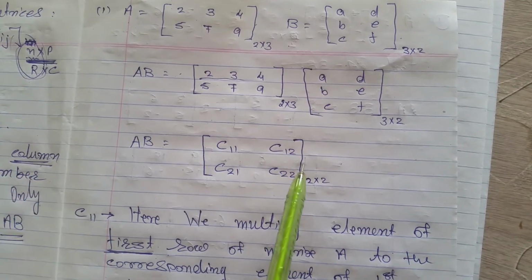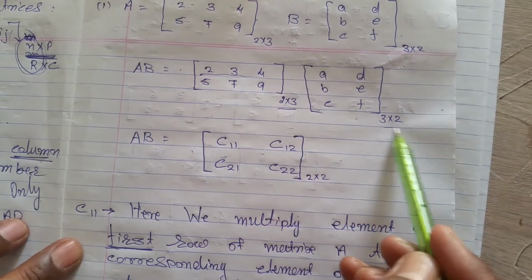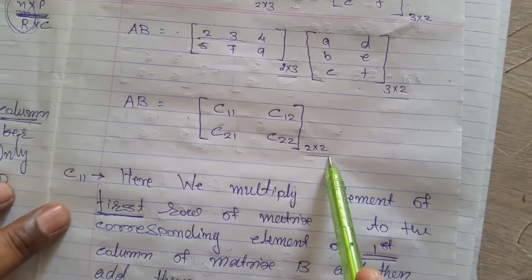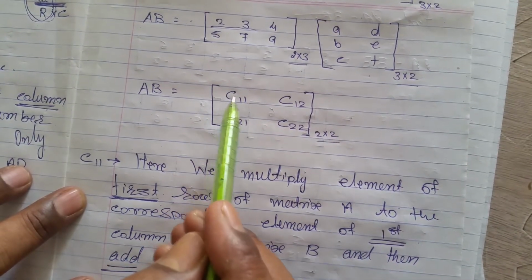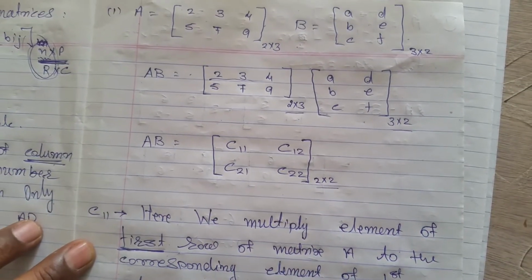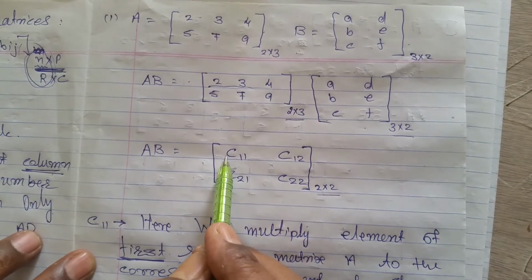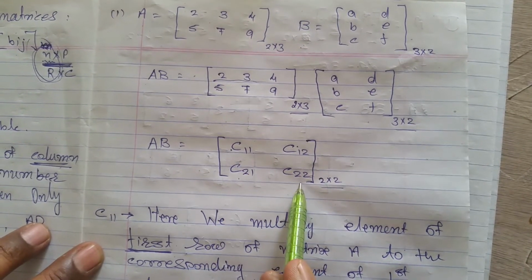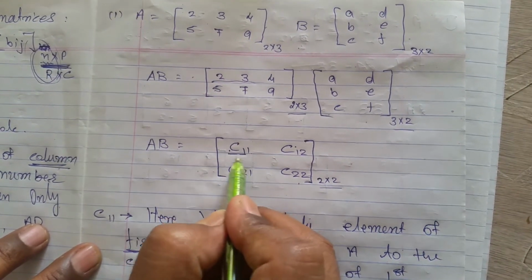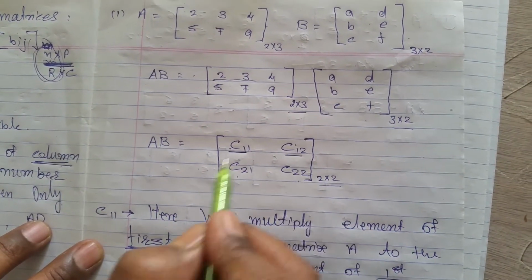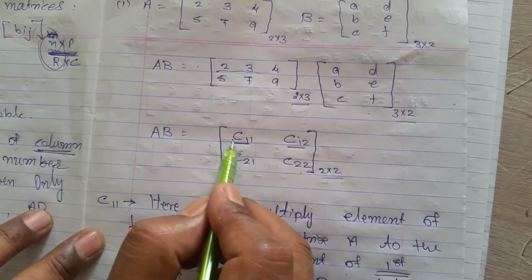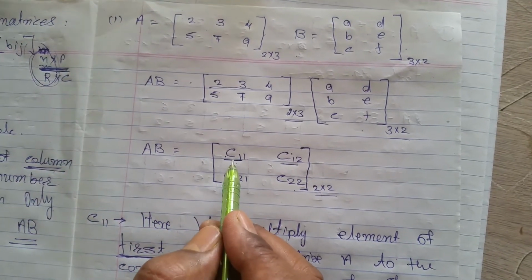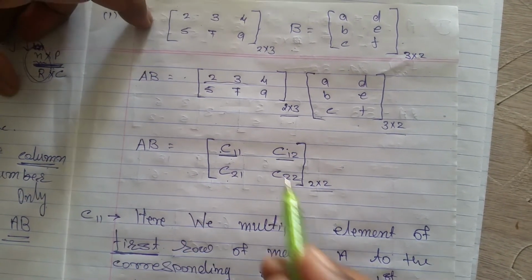Now you can understand 2 by 3 and 3 by 2, so your outcome should be 2 by 2. That is 4 elements, 1, 2, 3, 4, that we express as C11, C12, C21 and C22. Now this point is very, very important. C11 means this is an element of first row, first column.